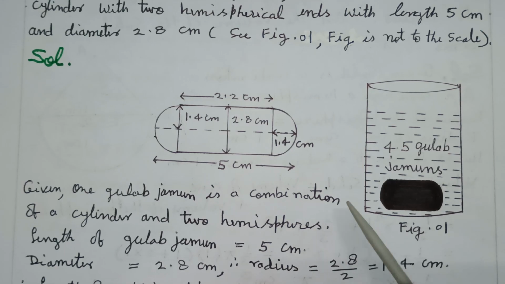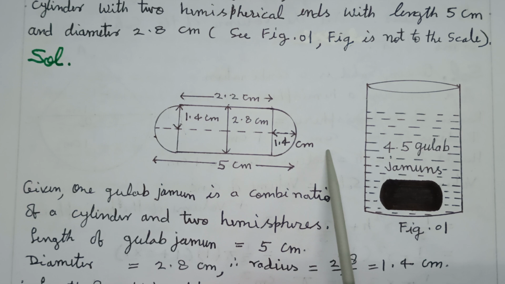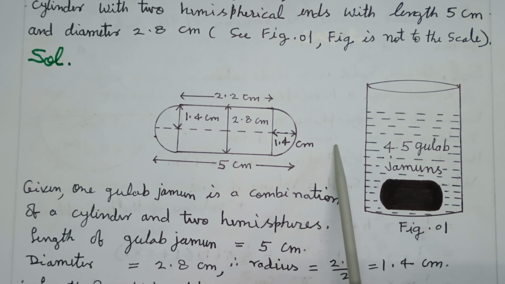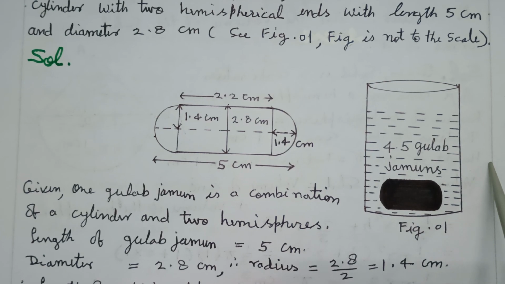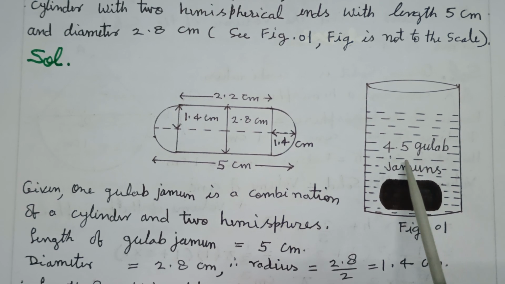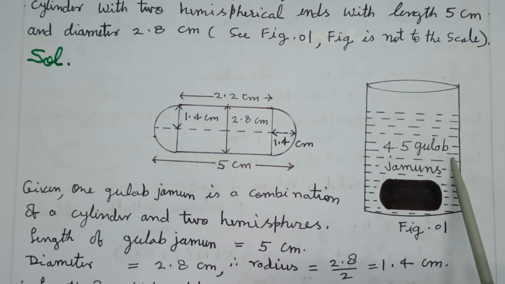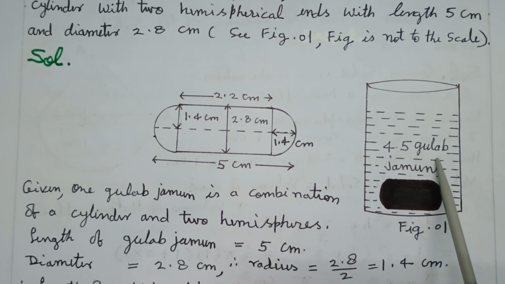After finding the volume of one gulab jamun, we will multiply by 45 because this container contains 45 gulab jamuns. So we will get the volume of 45 gulab jamuns. Then we will take 30% of its volume because syrup is 30% of the volume of gulab jamuns.